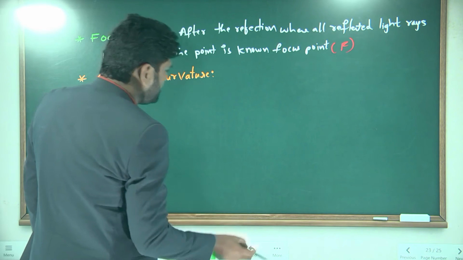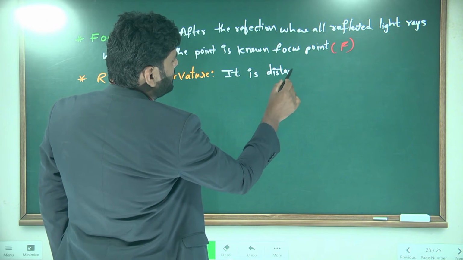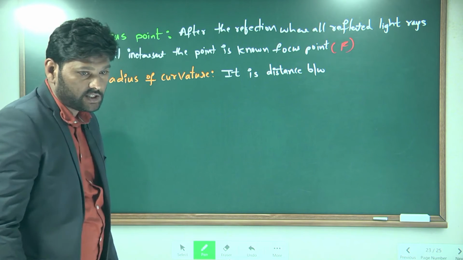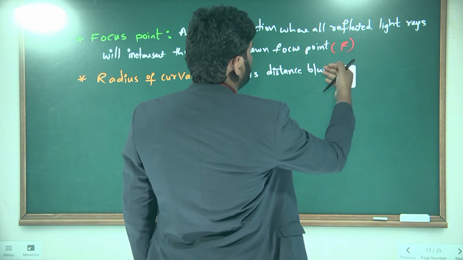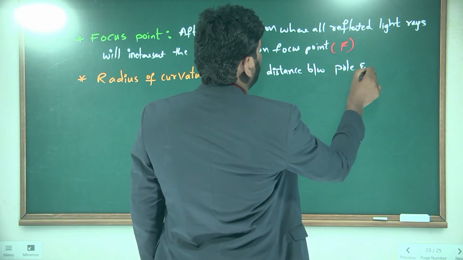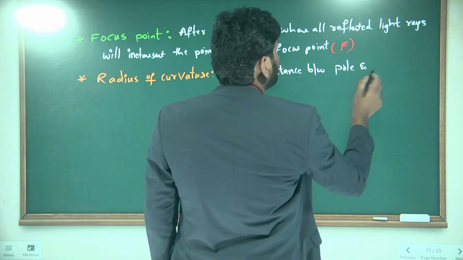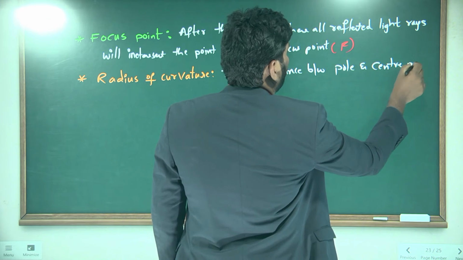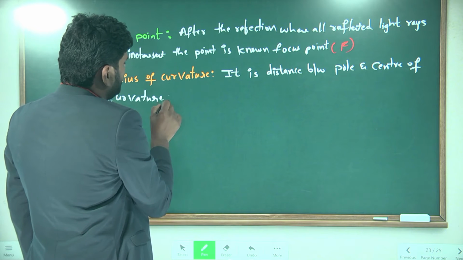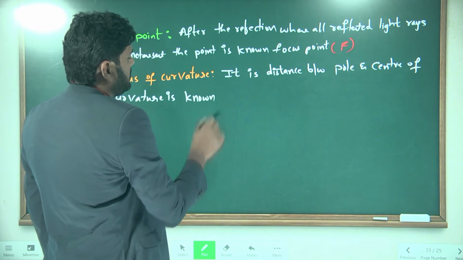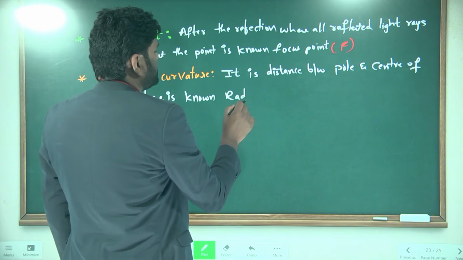Write down. The distance between pole and center of curvature is known as radius of curvature.